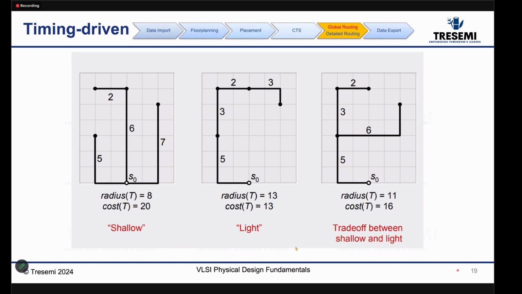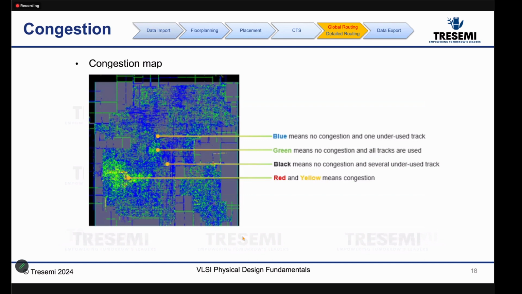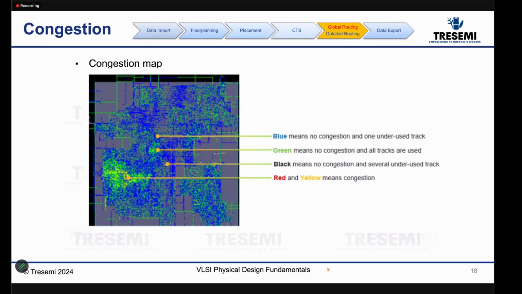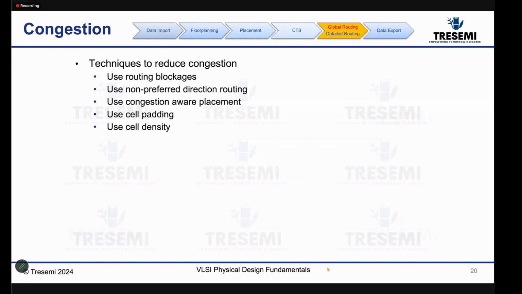Okay, so let's continue. So we were looking at this, right? So congestion. So now what do you do with congestion, right? Because that's the thing with routing, is that we are at the last stage, right? So there's not a whole lot you can do. What you can do is analyze congestion.